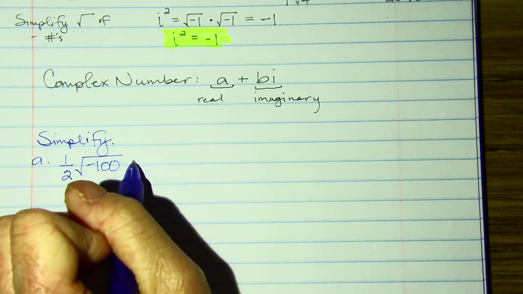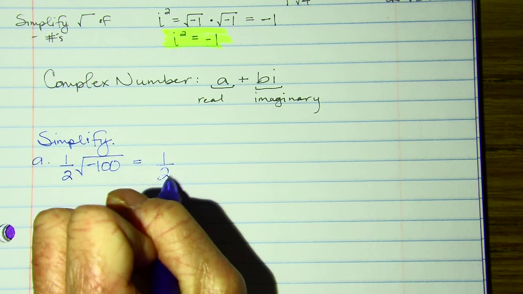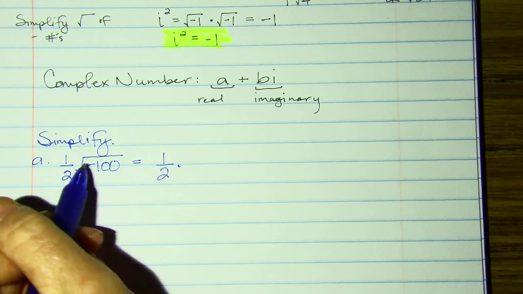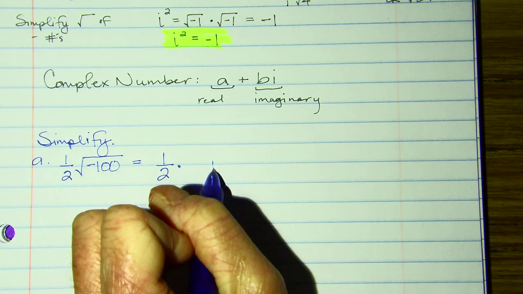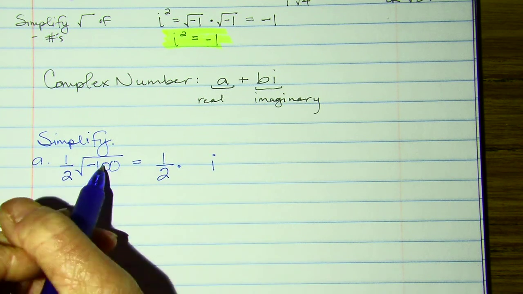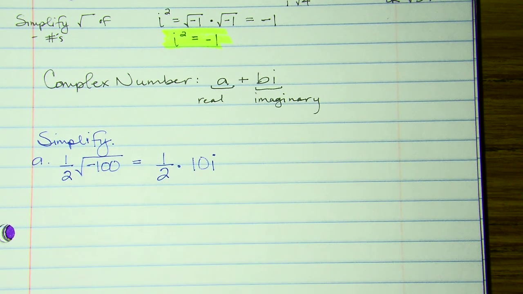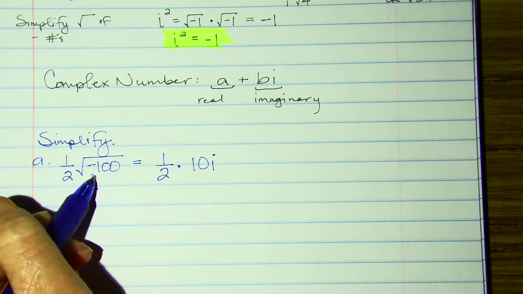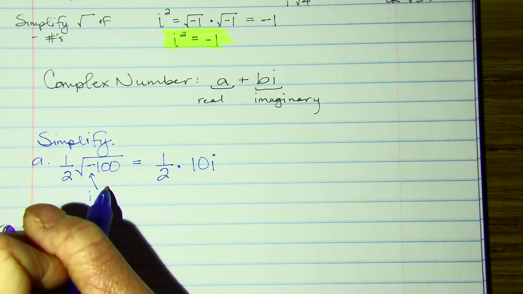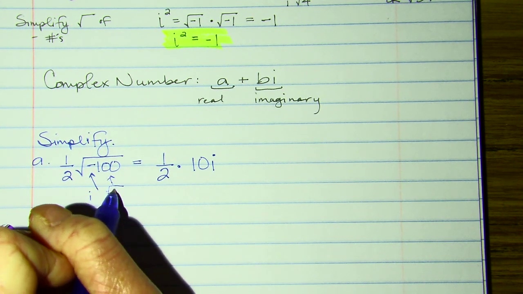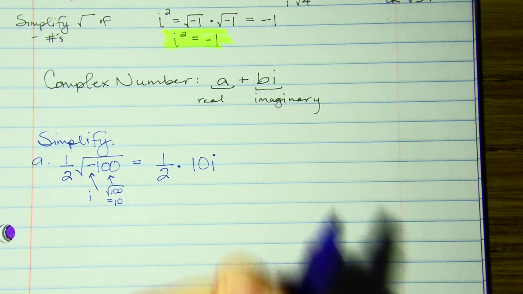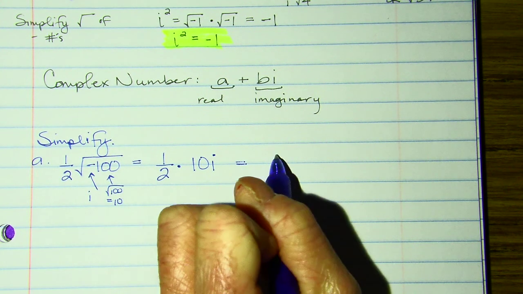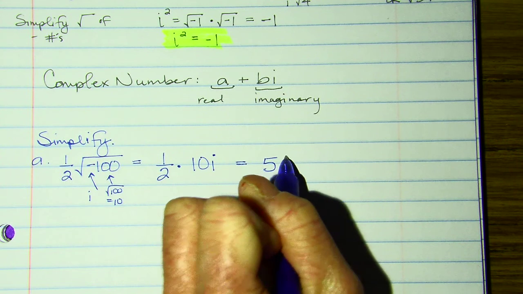So I'm going to simplify this to be 1/2 times: the negative is i, and the square root of 100 is 10. So that's where I'm getting 10i. So 1/2 times 10i would then leave me with 5i.